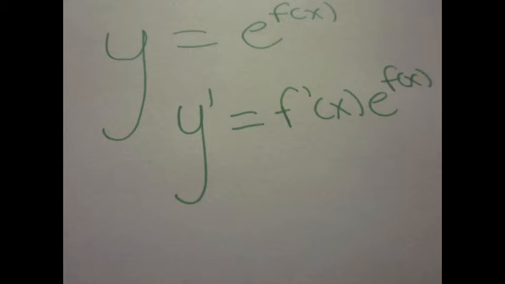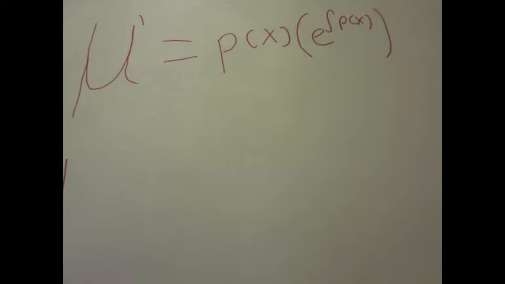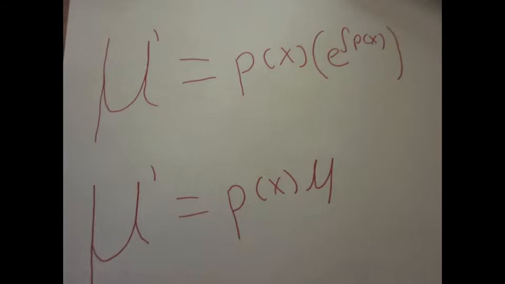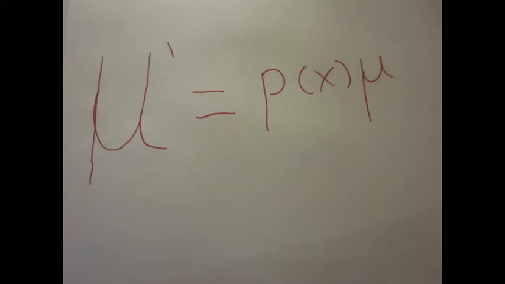And so we can see that the derivative of mu is just p of x times e to the integral of p of x, because the derivative of an integral is just the original function. And so mu prime equals p of x times e to the integral of p of x. And we can also notice conveniently that e to the integral of p of x is what mu is defined as, so we can say that mu prime equals p of x times mu.